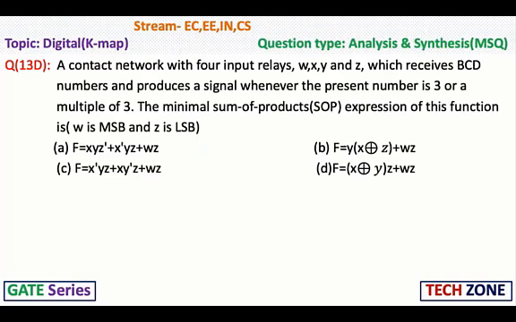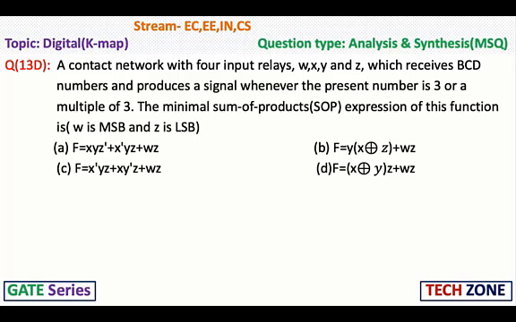So the next, a contact network with 4 input relays W, X, Y and Z, which receives BCD numbers and produces a signal whenever the present number is 3 or a multiple of 3. The minimal sum of products, that is SOP expression, of this function is, where W is MSB and Z is LSB.